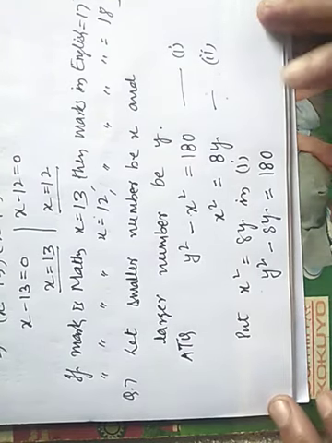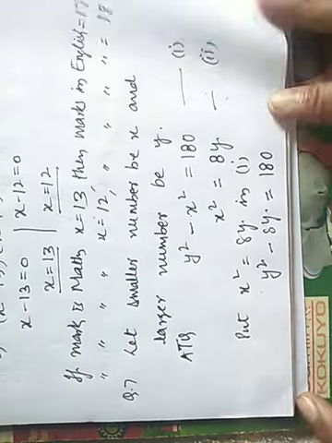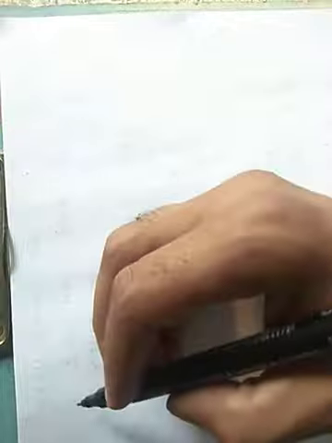We can take this 180 to the left side. It will be y square minus 8y minus 180 is equal to 0.